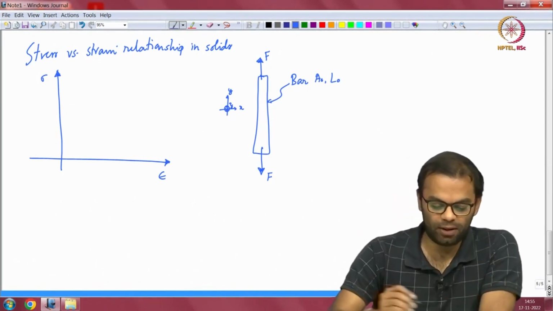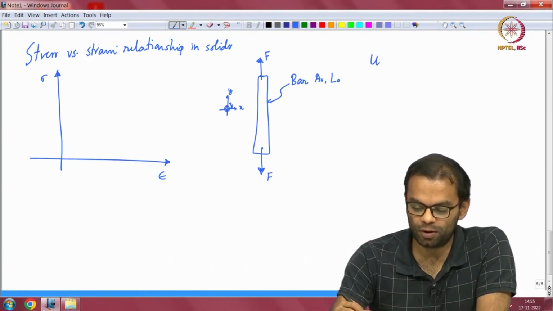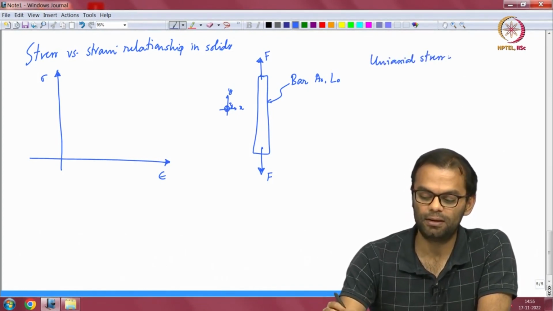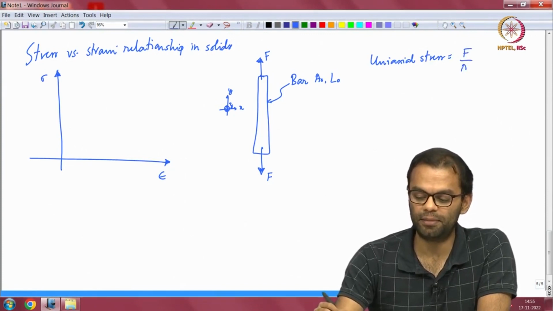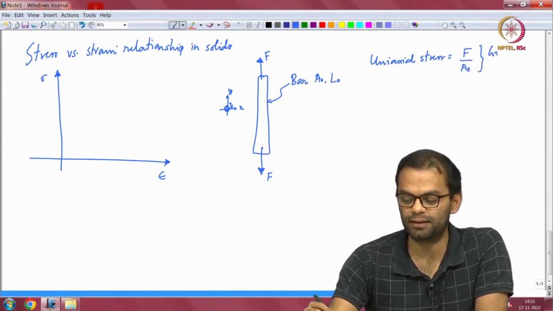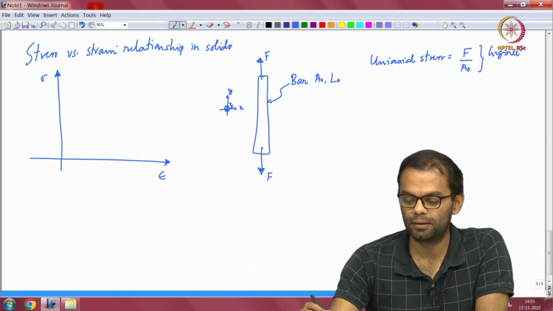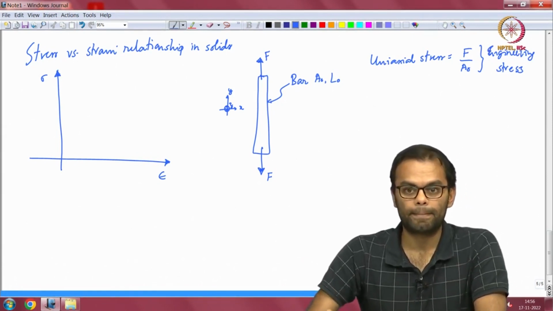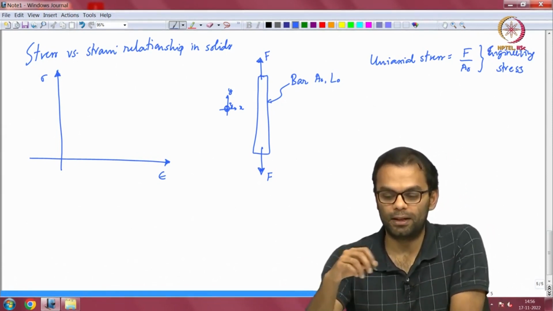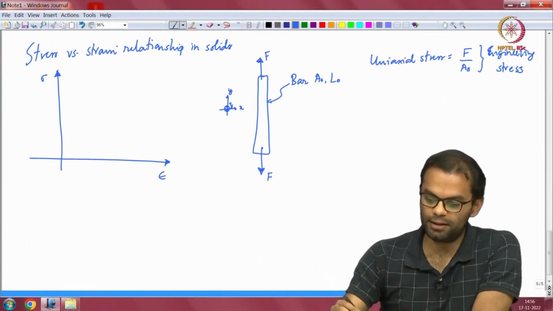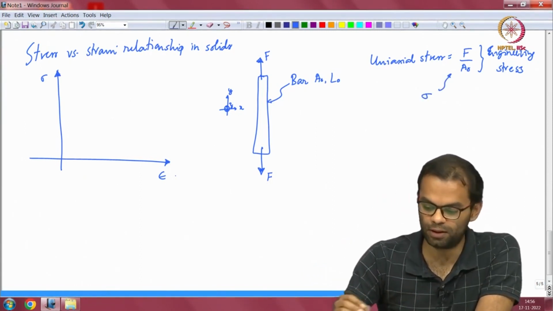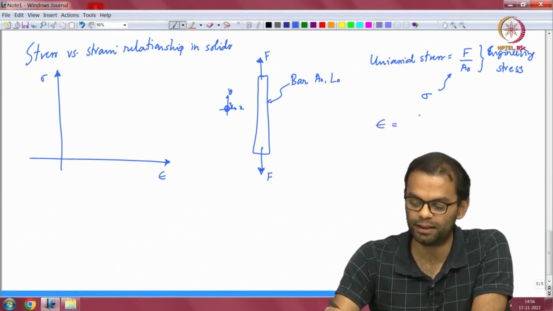And if I calculate the uniaxial stress, this is just F divided by A naught, which is called the engineering stress. If I calculate this and denote it by sigma and look at a plot of sigma versus epsilon, I am now defining epsilon as the engineering strain.